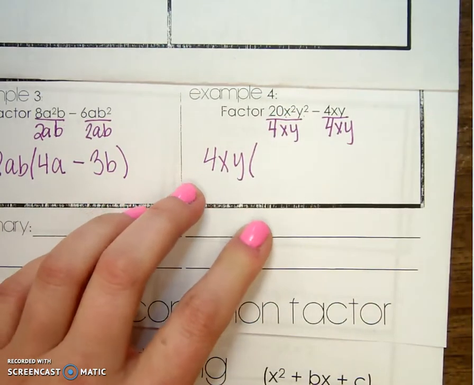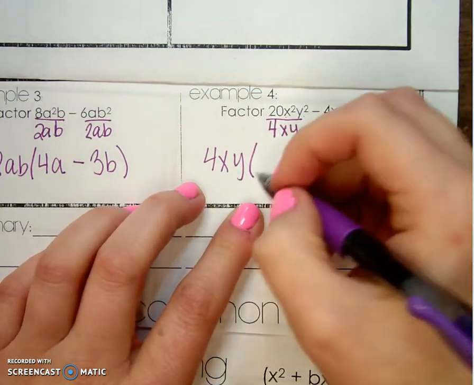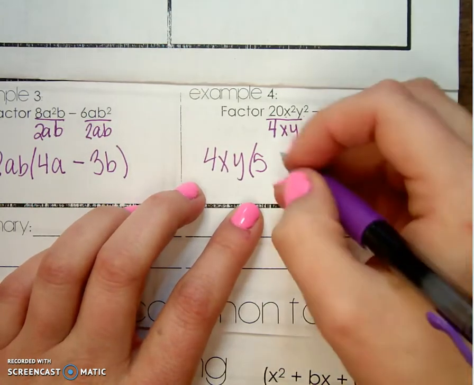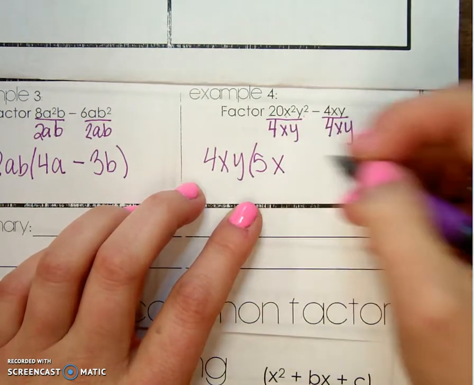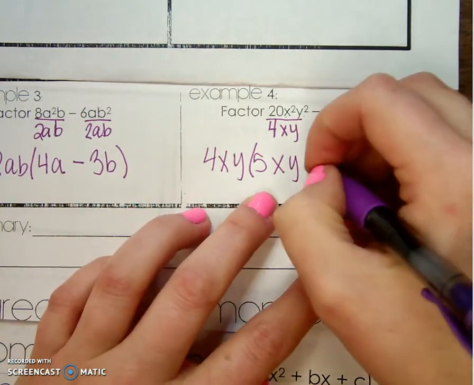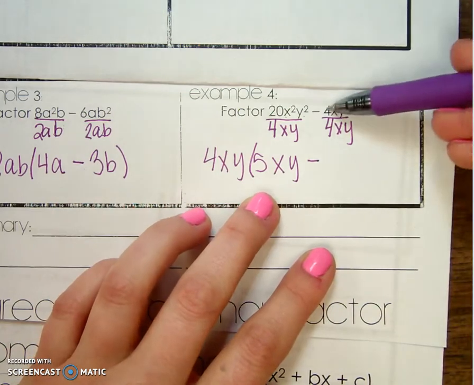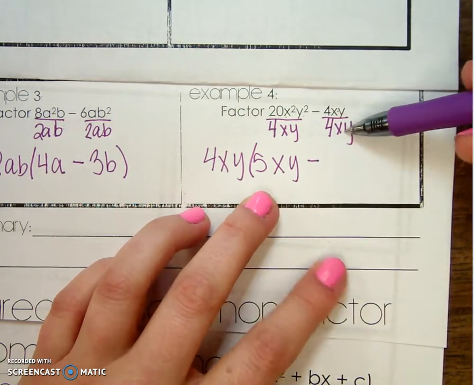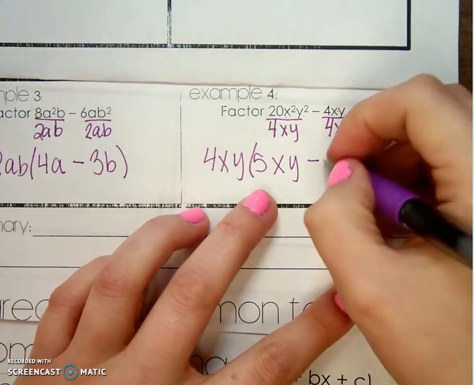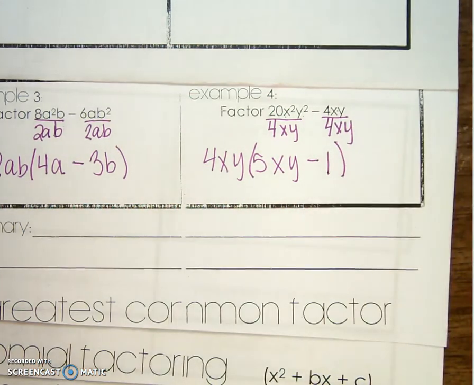Okay, and what's left? 20 divided by 4 is 5. X squared divided by x is just 1x. Y squared divided by y is just 1y. Minus 4 divided by 4 is 1. X divided by x is just 1. Everything is just 1. Okay.